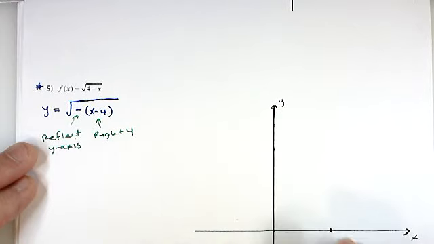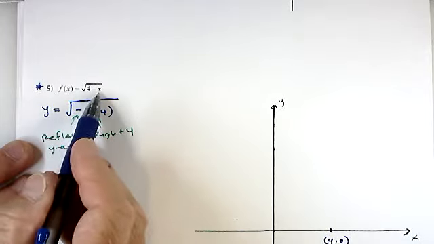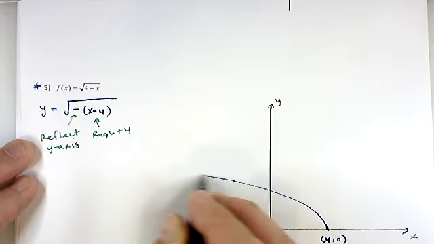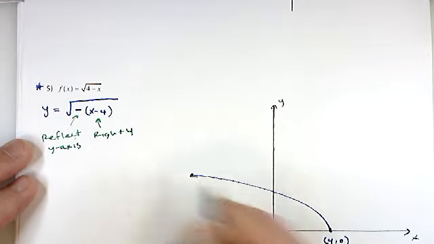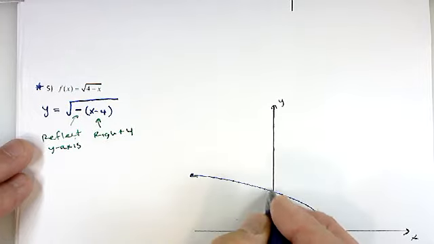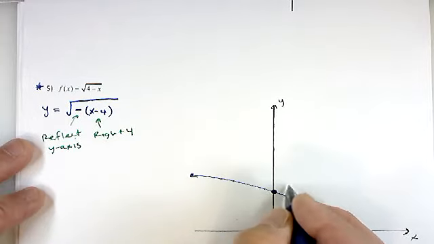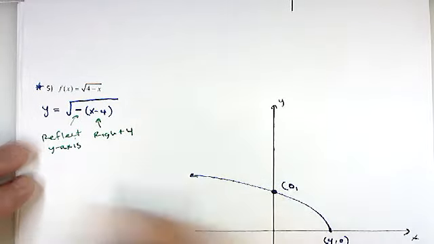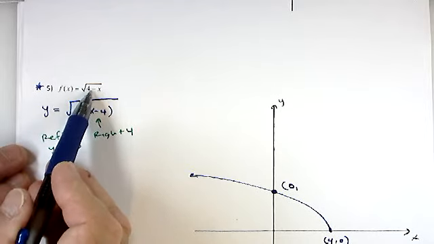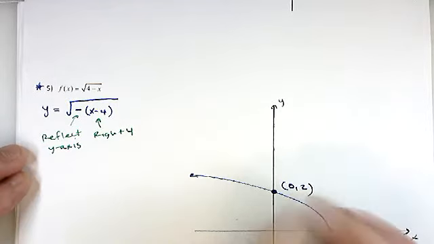So it's going to start at (4, 0). And you can see that if you plug in 4, you're going to get 0. And it's going to move to the left, just like a square root of negative x graph. This time it has a y-intercept, which is easy to find. If I plug in 0 for x, the square root of 4 is 2. So this is (0, 2).